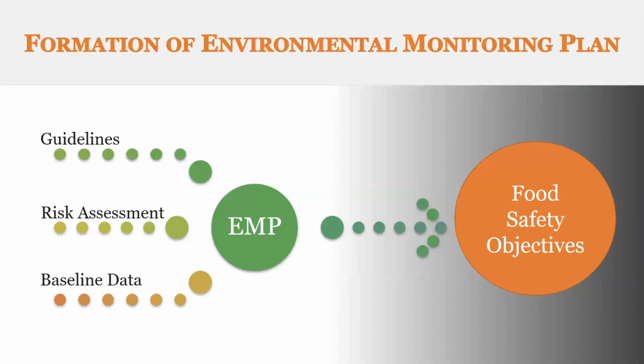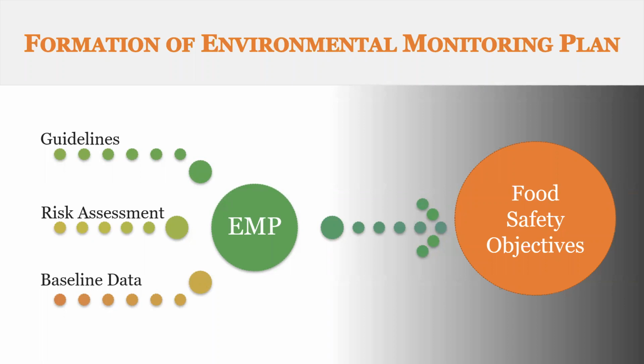The smart way to develop an environmental monitoring plan is that you and your team go through the entire process. Firstly, learn and understand the government or trade associations' guidelines so you know the scope and what the relevant elements of an EMP are.